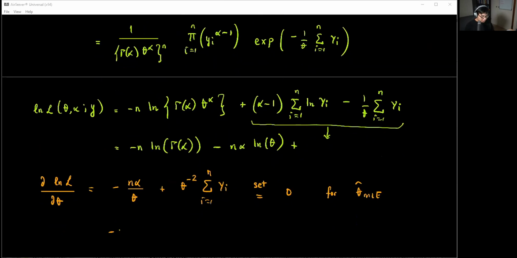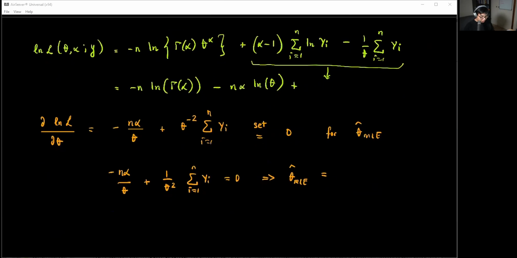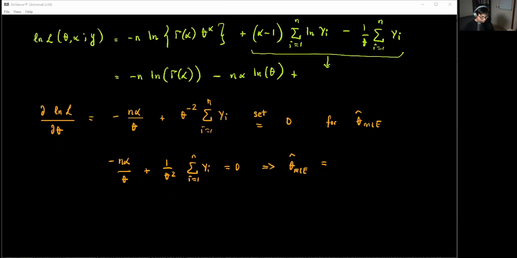So minus n alpha over theta plus 1 over theta squared sum of yi is equal to 0. So therefore, theta hat, what does that equal? You have n alpha, and it'll be 1 on n alpha sum of yi, okay?